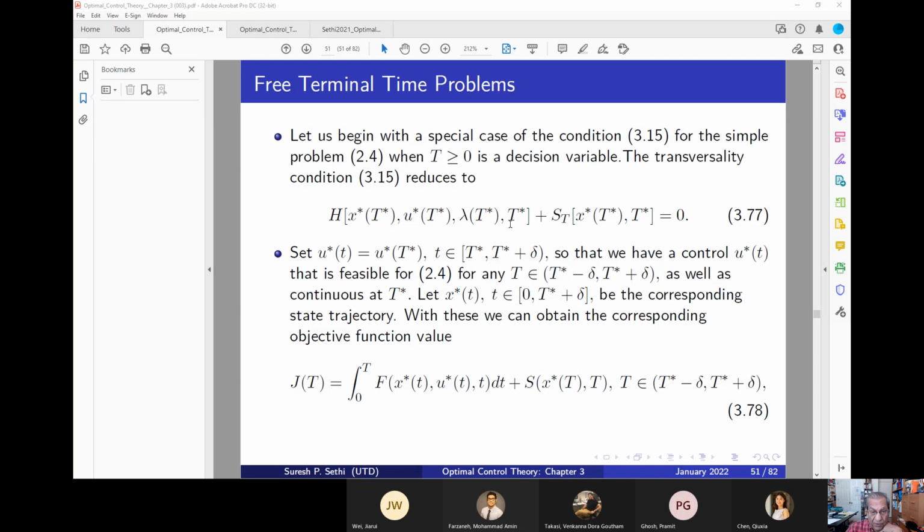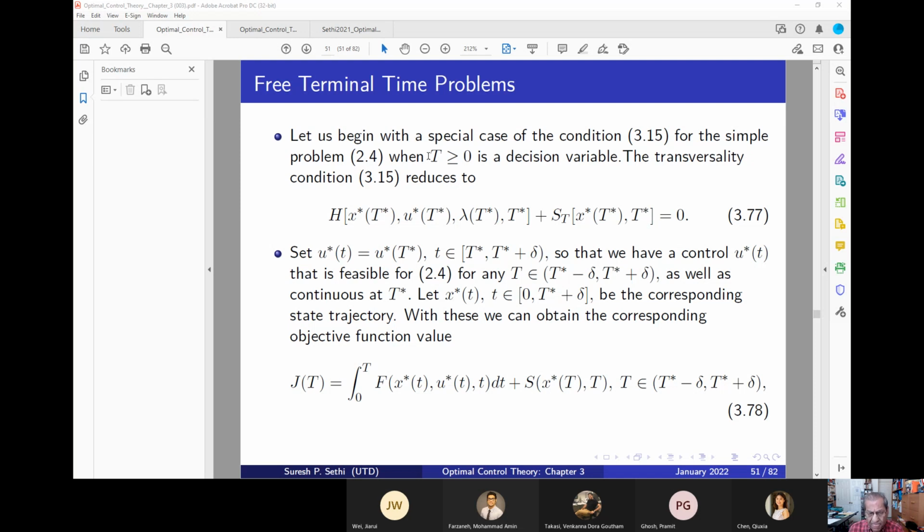But one way to look at it is the following. I can solve the problem for any given capital T. When I solve the optimal control in principle for any given capital T, then J of T will be a function of that T. I can call it J star of T. So now nothing is, x is gone, lambda is gone, everything is gone.